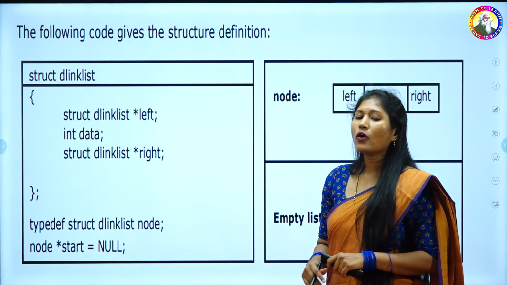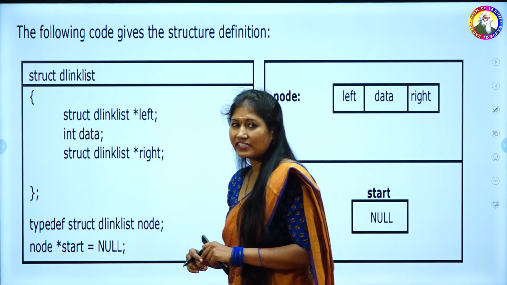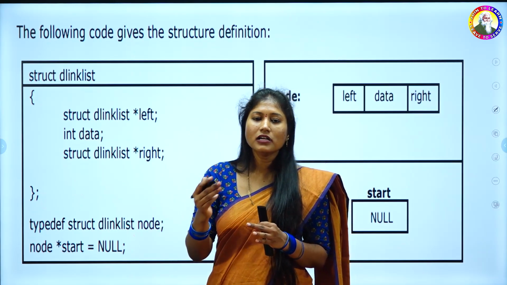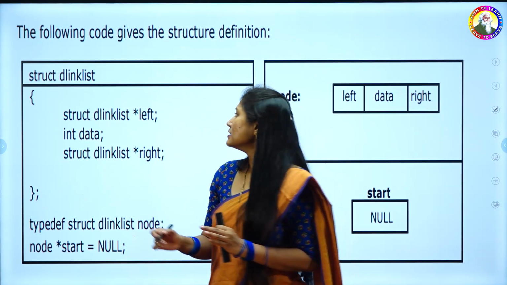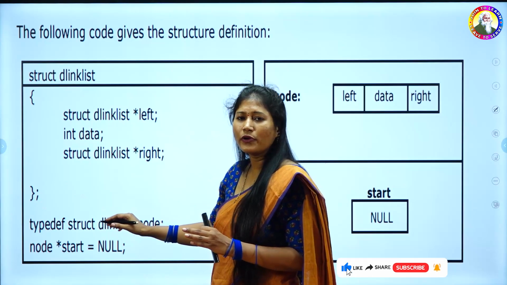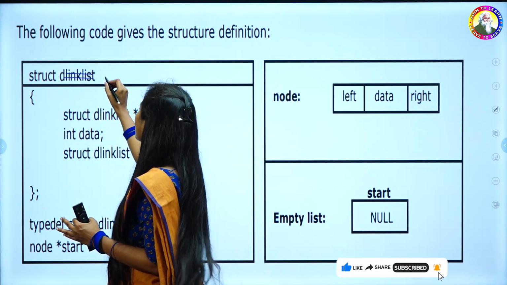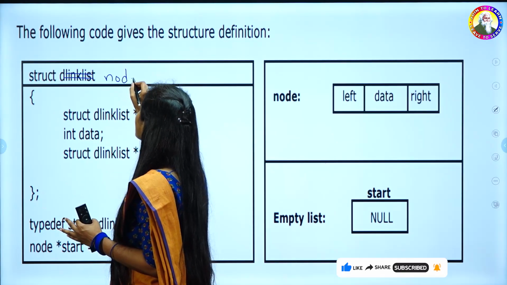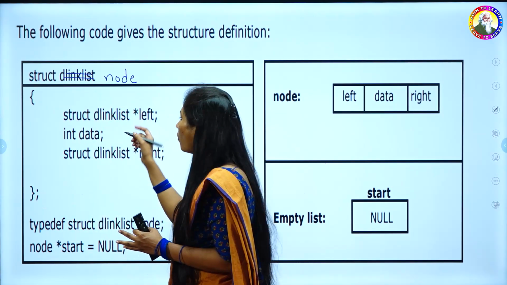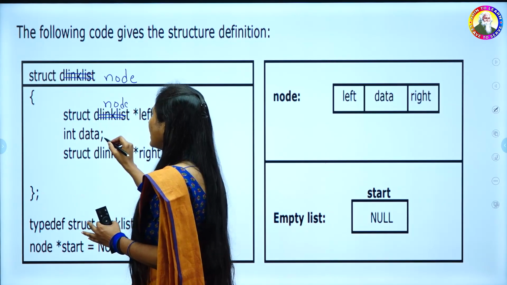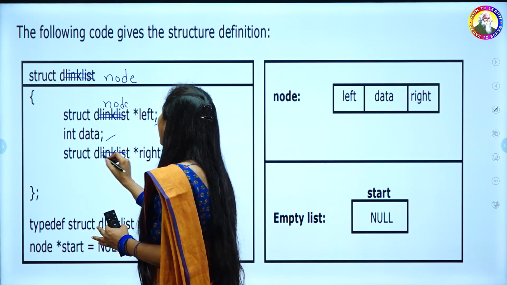And how are we going to create the node? Like we have seen in a single linked list, struct node, int data, struct node pointer next, right? Similarly, we follow the same structure. Here we can give any name; in the previous one we used only struct node. Here also you can write struct node pointer left, int data, struct node pointer right.